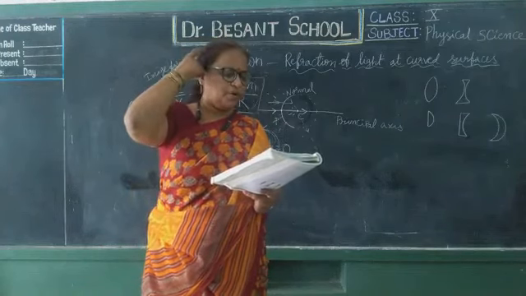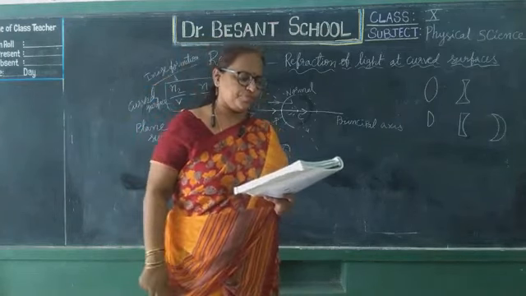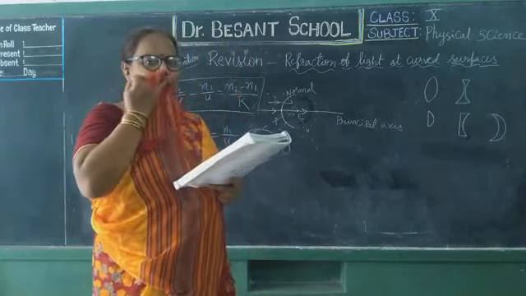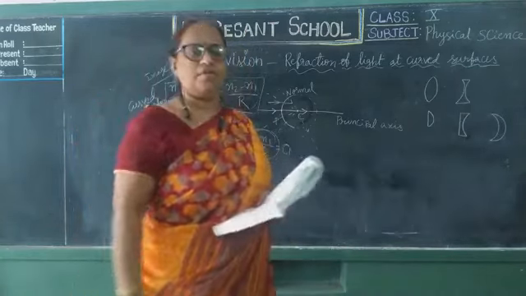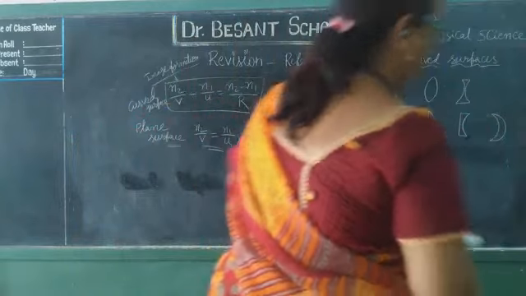Now, how to find the focal length of the lens? What is meant by focal point first of all? As we learned, there are 2 types of lens, convex lens and concave lens.